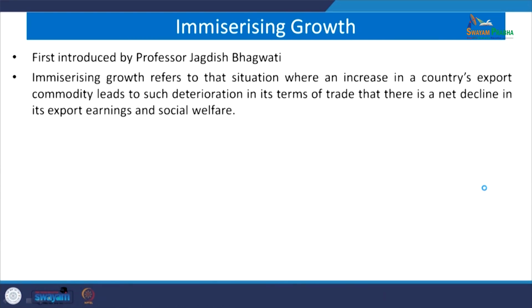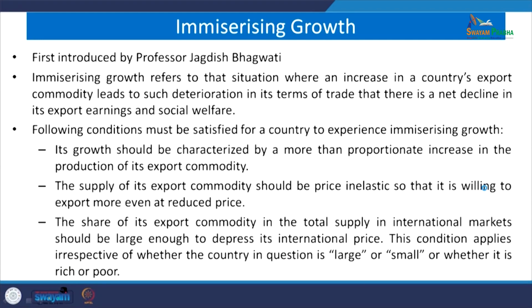So, the last issue to be discussed is immiserizing growth, which we have already discussed, but the last point to be emphasized here is that Professor Jagdish Bhagwati was concerned about this. Because of his theory, developing countries are largely overemphasizing their less efficient industries and over-producing those products.